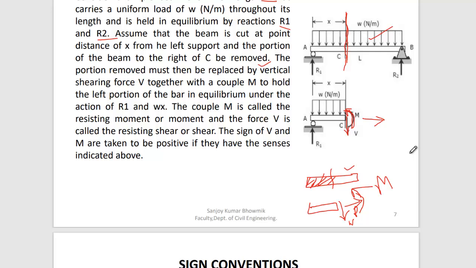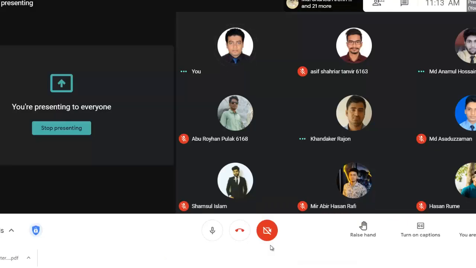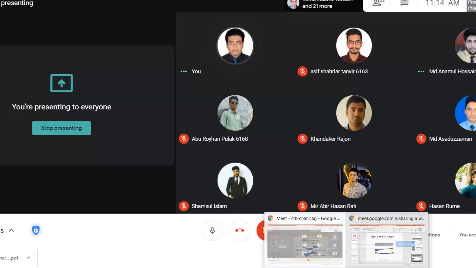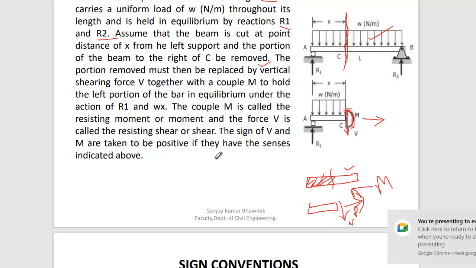Sir, the angle is 0. No, this is not about the angle. Sir, is it because the load is coming vertically? Sir, the beam is facing vertical load at that point.